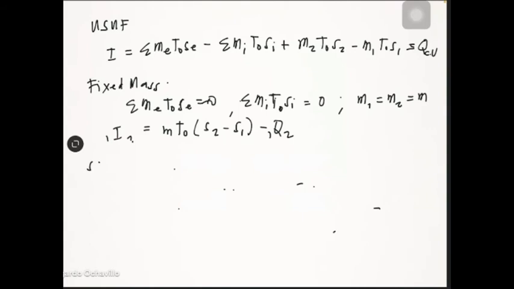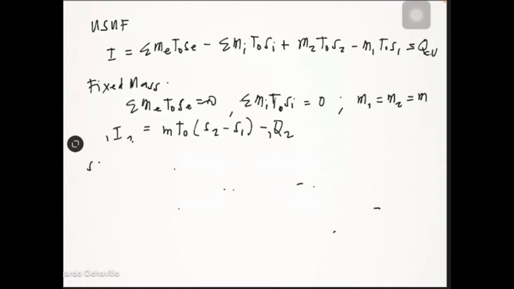And this is your irreversibility in here, considering a steady state of flow process. Irreversibility. So we have the uniform state, uniform flow, the fixed mass, and the steady state of flow. Okay.